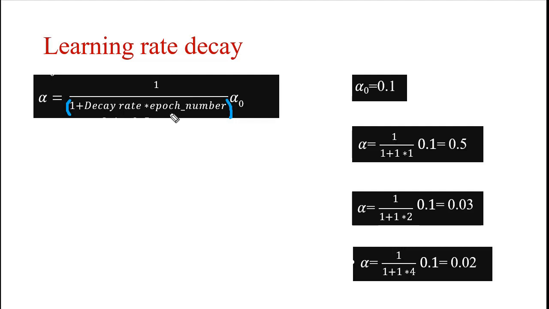Now this particular output we are going to multiply with alpha 0, and that will be the new learning rate. Decay rate we have to specify before the start of the training. Epoch number will be taken based on which epoch we are in.